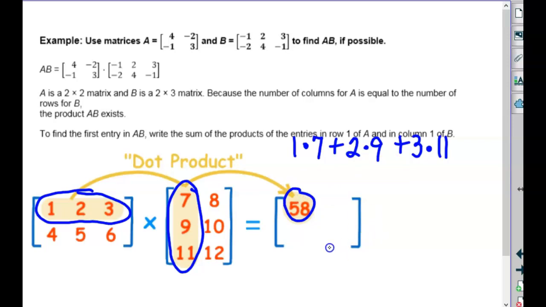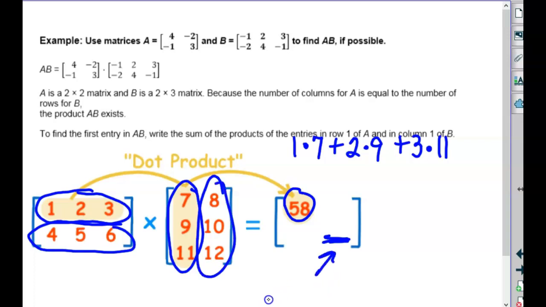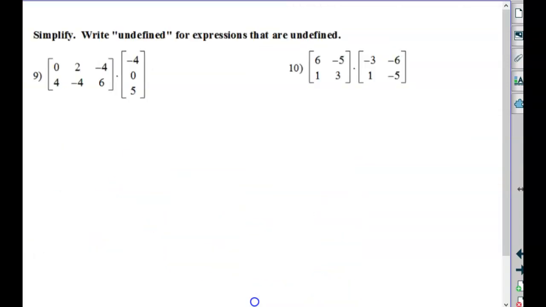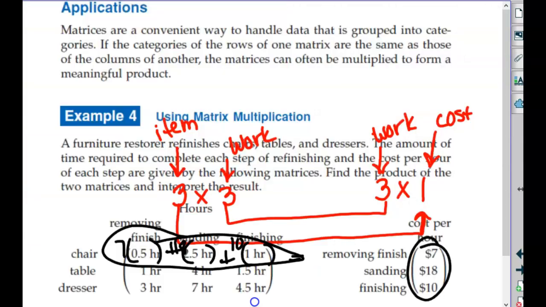So if I want to find this number down here, what am I multiplying? That is row 2, column 2. So therefore I am multiplying row 2 by column 2 to find that number down there. So 4 times 8 plus 5 times 10 plus 6 times 12. Whew. All right, we're going to try. Oh, don't we have one that's nice?